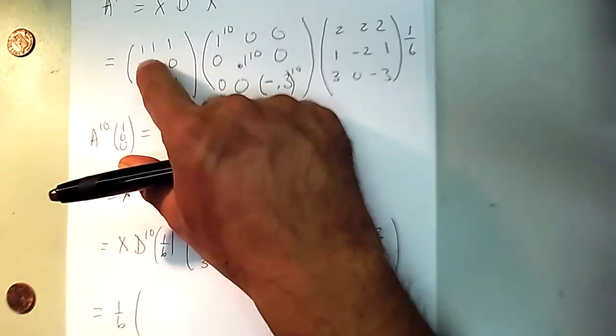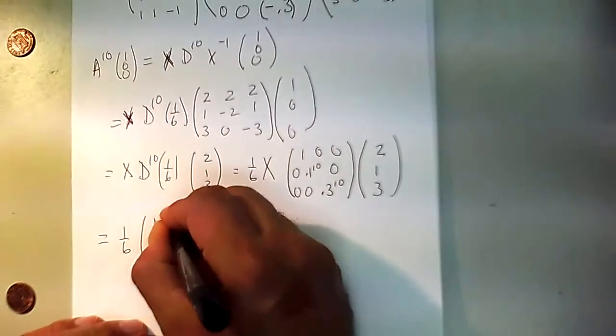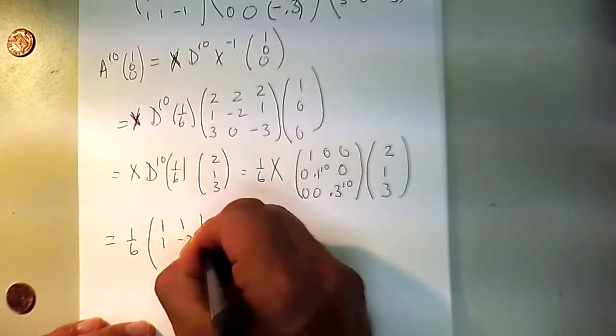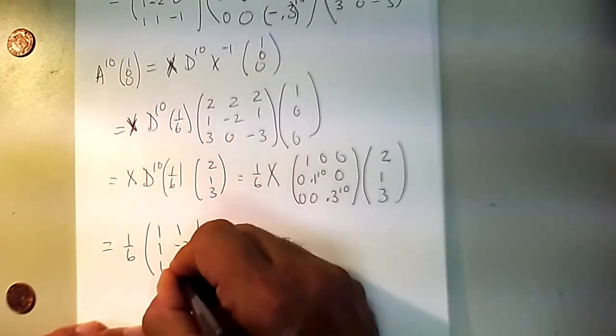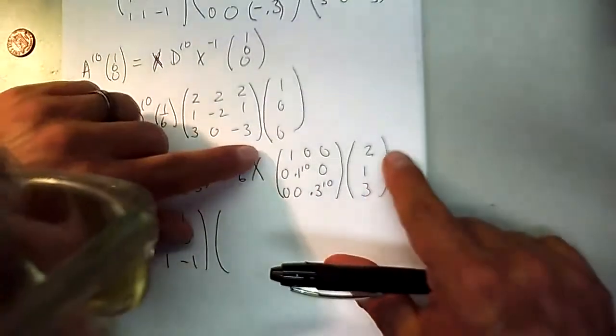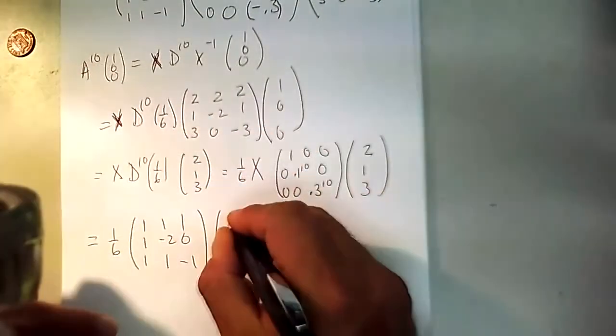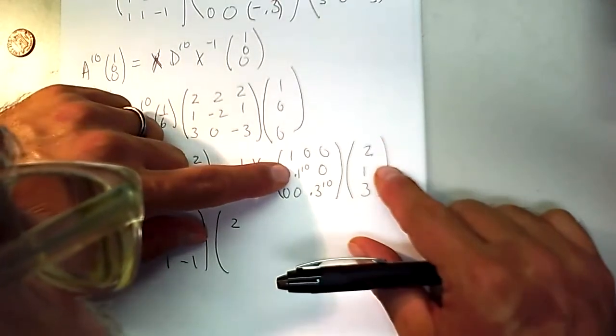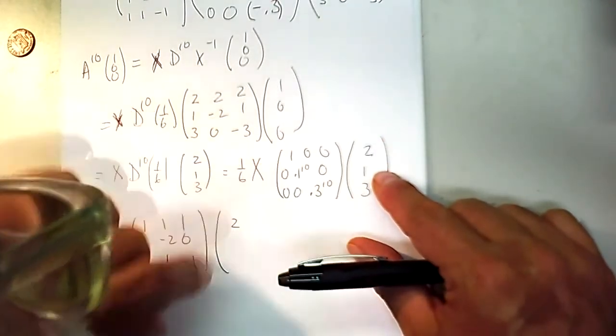So we have 1, 1, 1, 1, negative 2, 0, 1, 1, negative 1. And now let's see what this product is. So we end up with 2. And then the next one we get 0.1 to the 10.